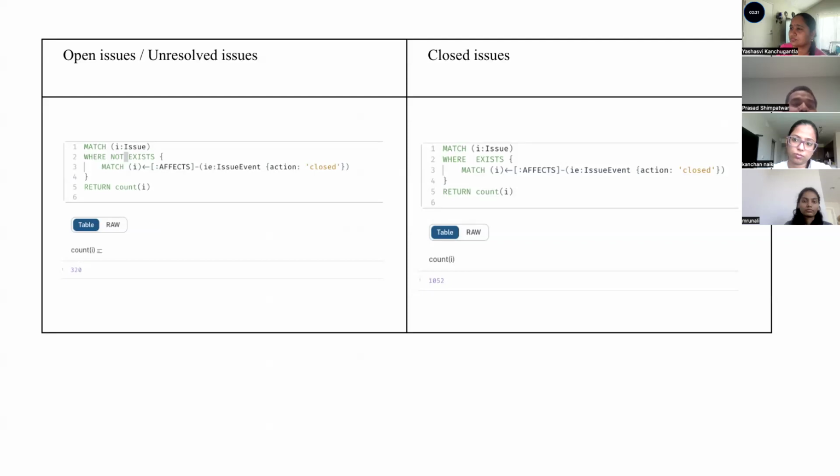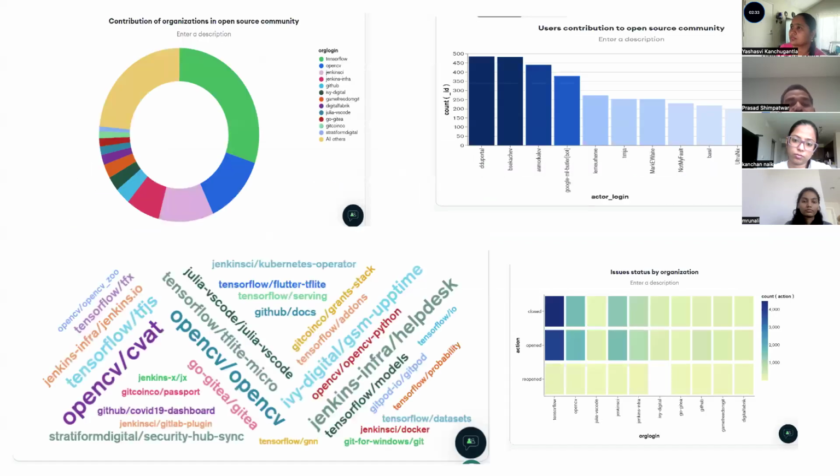Further, using MongoDB Charts, we have visualized user contribution to the open source community and issue states by organization. So this is what we have performed till now. Yeah, thank you.